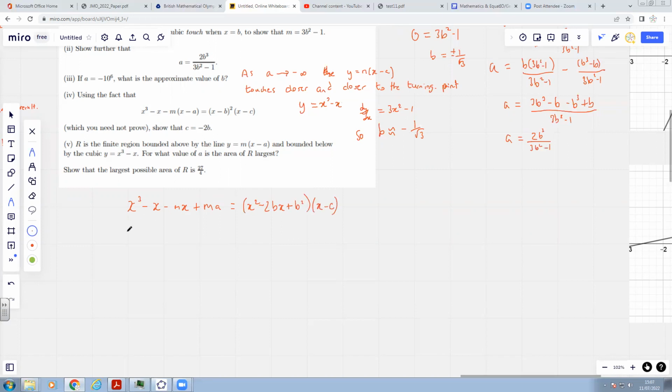Then I'm just going to multiply out everything and equate coefficients. Now it's helpful here if you have x times 1 plus m, so we collect that and we can see the coefficient on x here, plus ma equals x cubed, obviously the x cubes cancel, but we're equating coefficients here, minus 2bx squared.